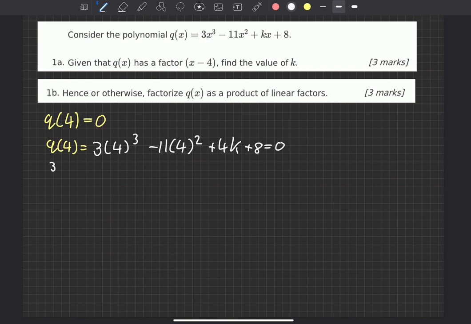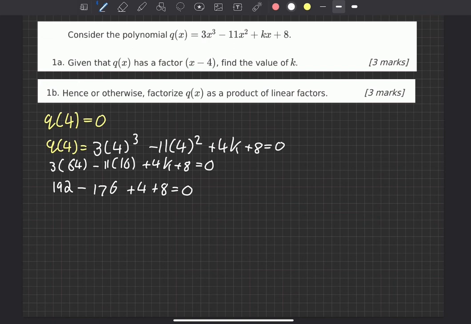So 3 multiplied by 4 cubed would be 64, minus 11 times 16 plus 4k plus 8 equals 0. And here you just solve for k. So 3 times 64 would be 192, minus 11 times 16 would be 176, plus 4k plus 8 equals 0, right?